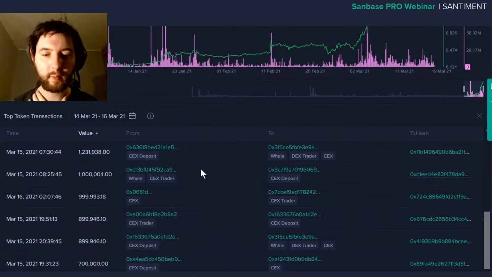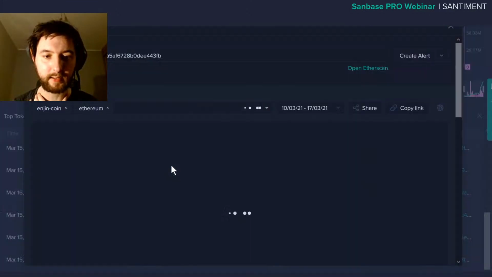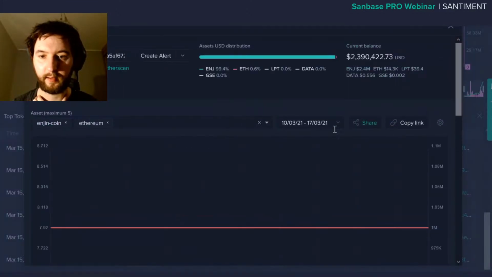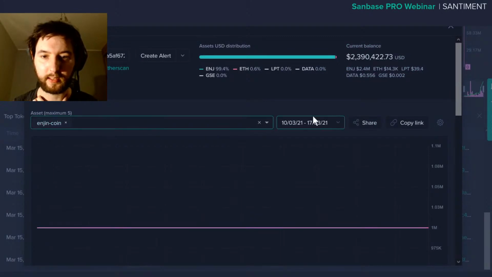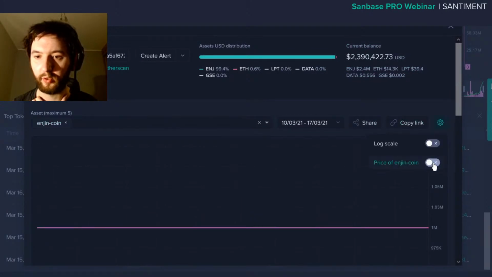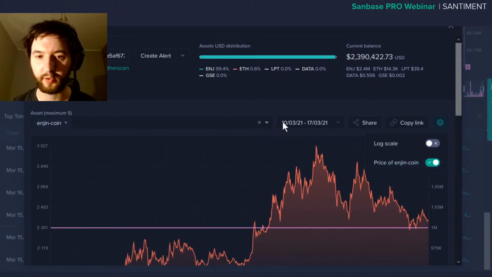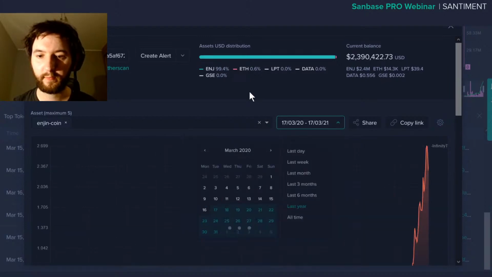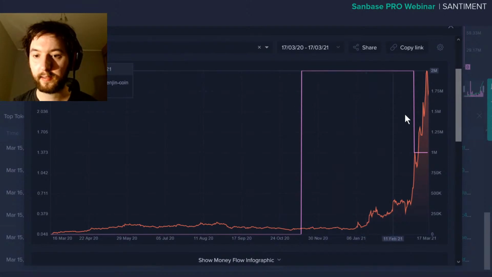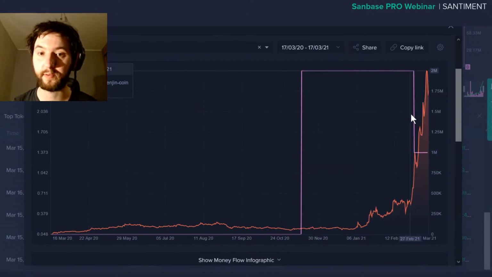So when we looked at this address, and let me cancel out Ethereum and plot the price of Engine over time, one of the things that I noticed is this was actually what happened on the previous top for ENJ on March 3rd for this address in particular.